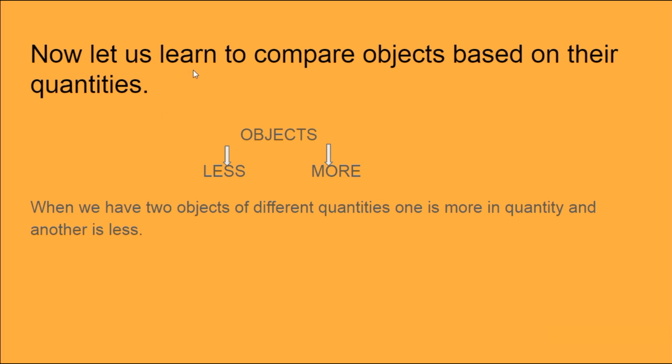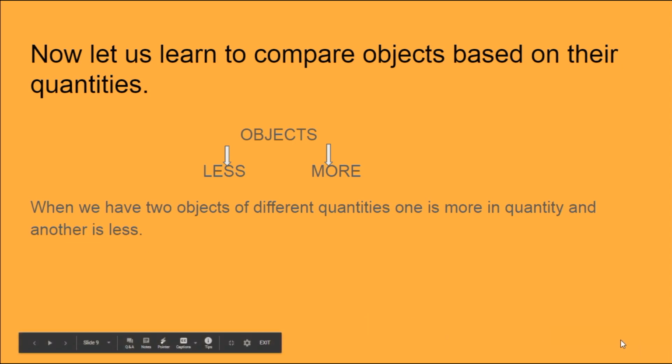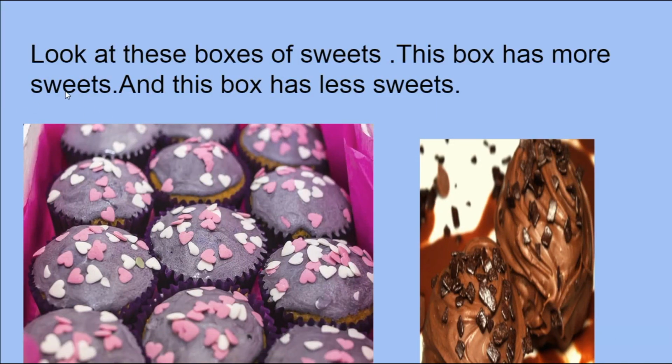Now let us learn how to compare objects based on their quantities. Objects: less, more. When we have two objects of different quantities, one is more in quantity and another one is less. See, children, look at these boxes of sweets.